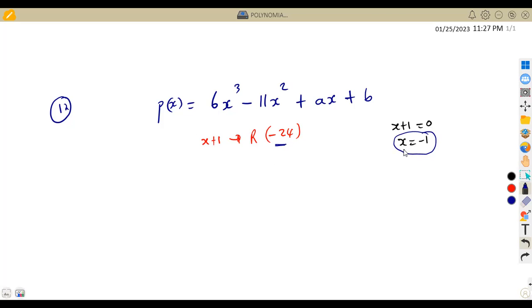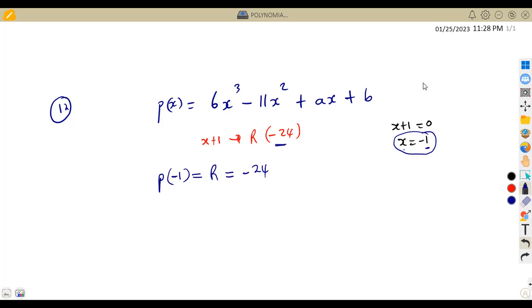So when you substitute x being negative 1, your remainder is negative 24. So let's do this, guys. That's p of minus 1, and we must obtain the remainder, which is equivalent to negative 24.